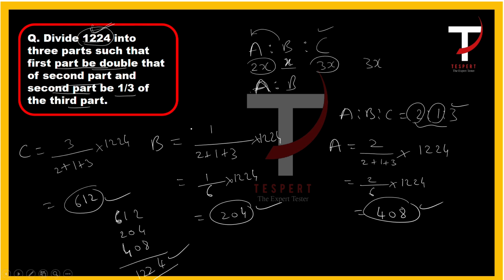So we divided this 1224, nothing extra, nothing beyond this. We divided this in the ratio of this condition. What is the condition? That the first part must be double that of the second part, which is A must be double that of B, and the second part must be 1/3 of the third part, right? So C is 3 times more than B. Otherwise, in other words, B is 1/3 of C, right?